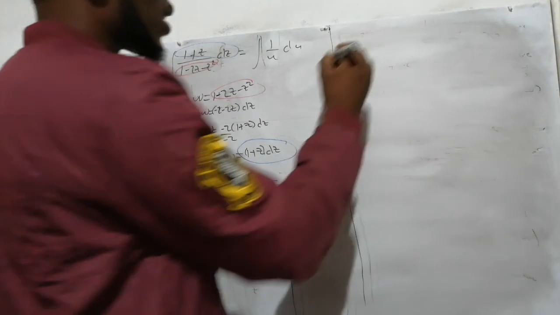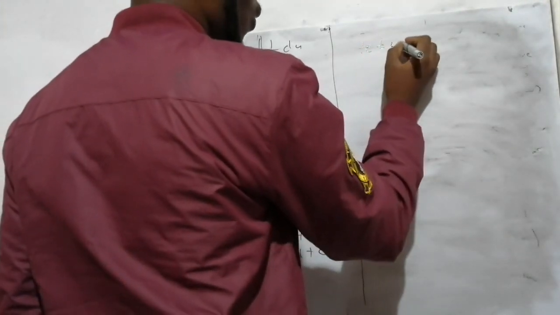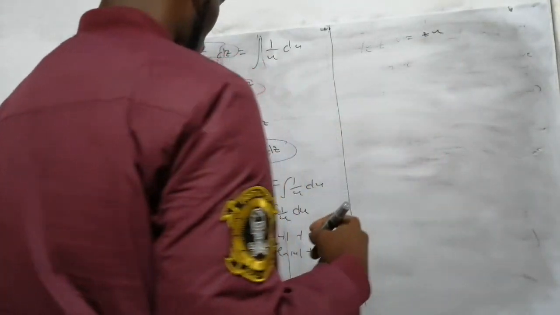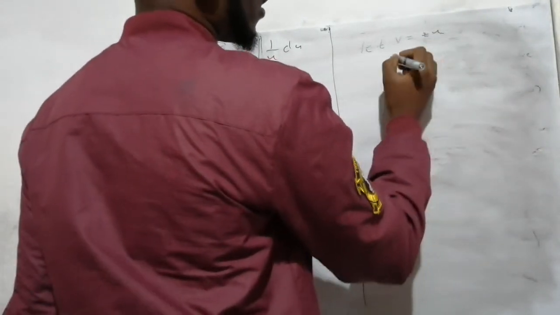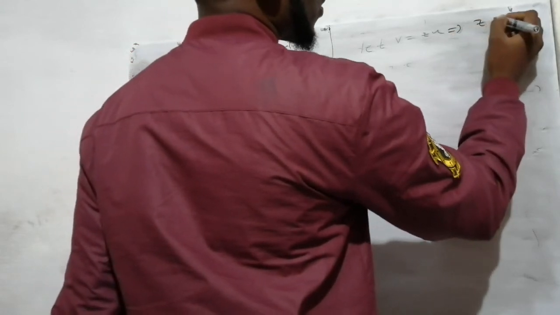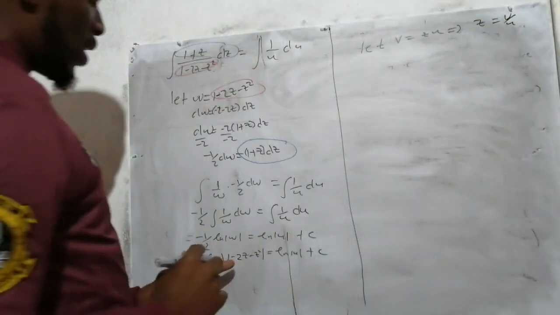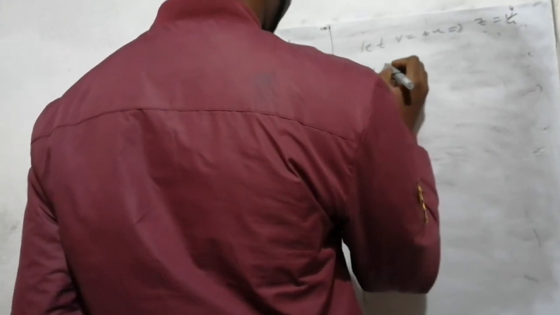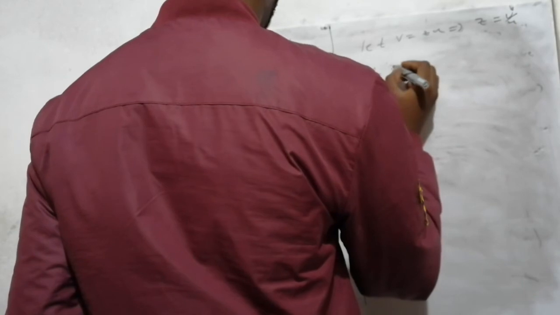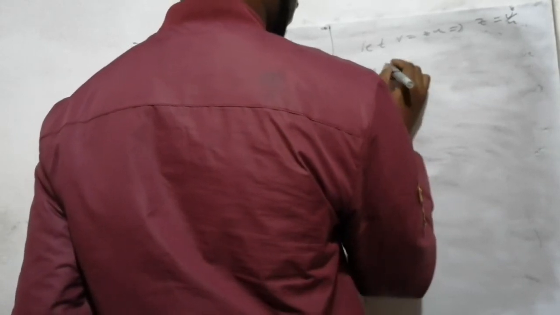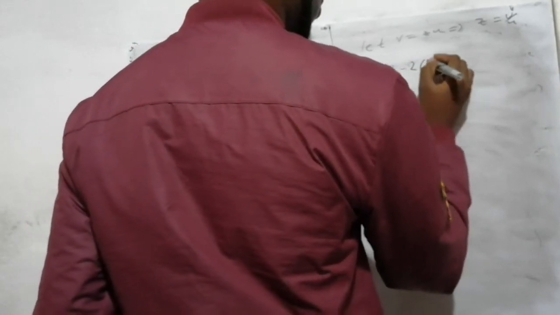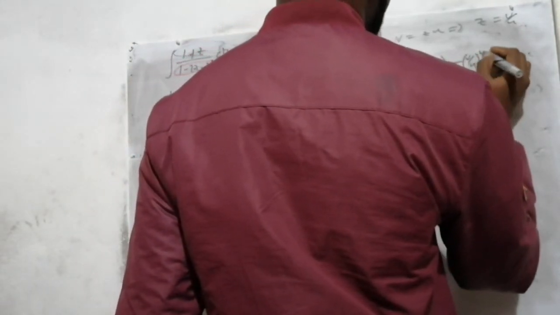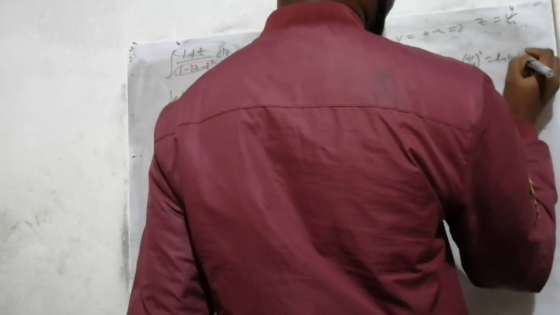Along the way we said let v equal zu, which implies that z equals v over u. So wherever there is z, we can put v over u. So this is negative half ln of 1 minus 2 v over u minus v over u squared equals ln u plus c.